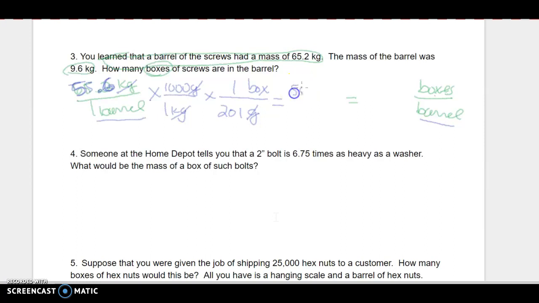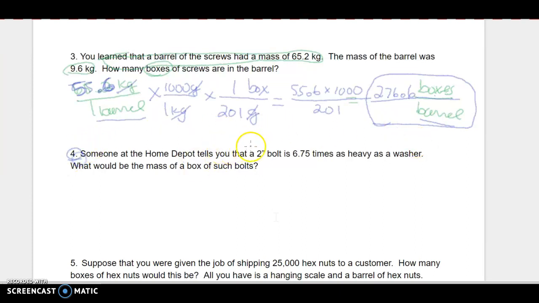Then across the top, I'm going to have 55.6 times 1,000, okay, divided by 201. All right, so let's see what that is. Times 1,000 divided by 201. 276.6. 276.6 boxes per barrel. Okay, or, you know, whatever, you can round it. Okay, make sense? All right.